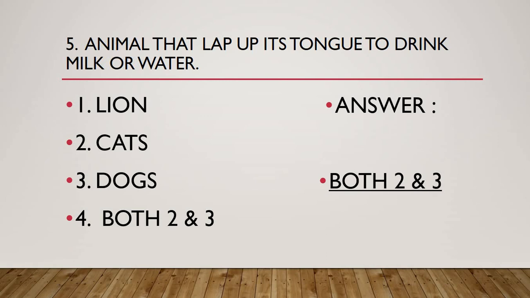And even if you have seen cats and dogs drinking milk, you might have observed that they first dip in the tongue and then they lap up milk or water. So please repeat this after me. Cats and dogs lap up with their tongue to drink milk or water. So I hope students you were repeating after me.